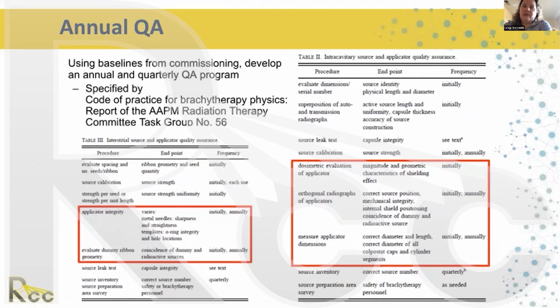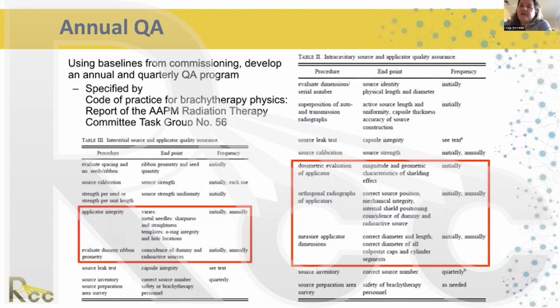I hear that IAEA is preparing an updated document, but that's not out yet. They have very nice tables, specifically Table 2 and Table 3. Table 2 is for intracavitary source and applicator QA, and Table 3 is for interstitial source. And it tells you exactly what you need to do, what your endpoint is, why you're doing this, and how often you should do that.